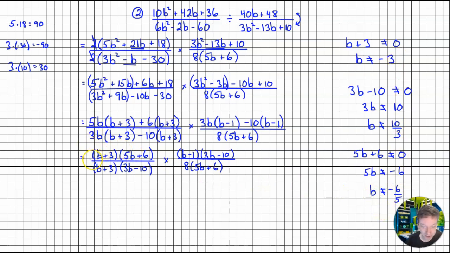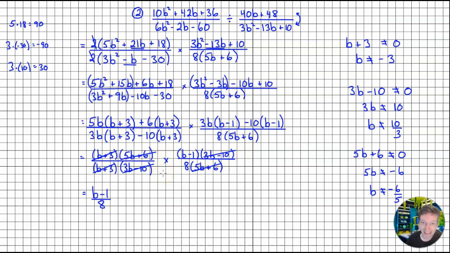Now that we have those restrictions, we can start this wonderful process of canceling things out. This feels good. And all we're left with is b minus 1 over 8. Very important. Just like I canceled 3b minus 10 with this 3b minus 10, I could only do that because we were multiplying. If you were adding or subtracting, that would be different.